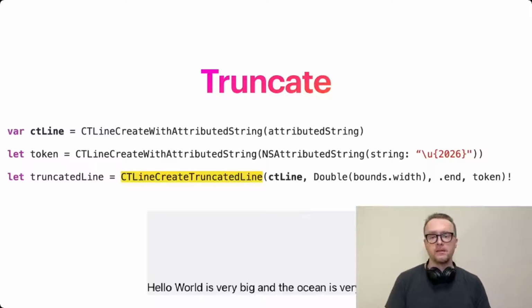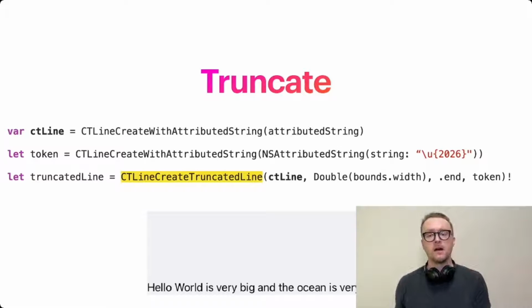So to truncate, we first create the original line, a CTLine. Then there's a token, the token that is used in the place of truncation. So it can be at the end, at the beginning. Now, in our case, this Unicode 2026 is an ellipsis. So I created a token that is an attributed string, it can be anything, and use the magic function CTLineCreateTruncatedLine.